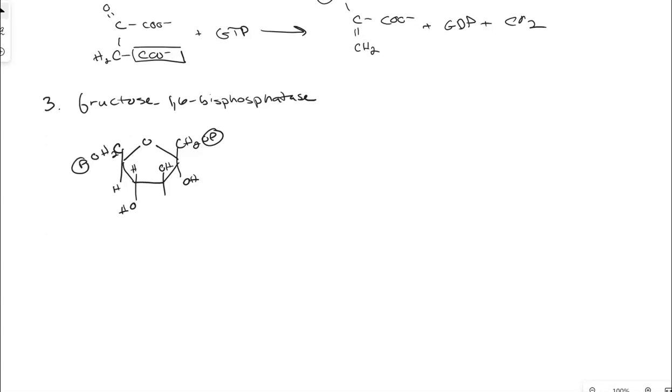Get all of our hydrogens in here so that we're kosher. And this is going to need a water. We'll react through the fructose 1,6-bisphosphatase enzyme and give us fructose 6-phosphate plus an inorganic phosphate, because we're going to get that dephosphorylation as part of this step, going back towards our starting point.